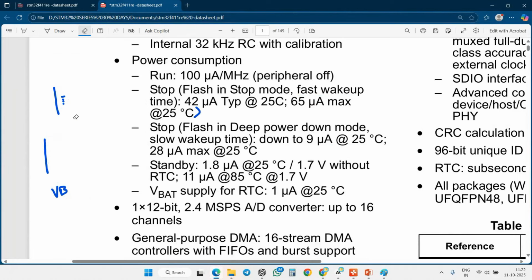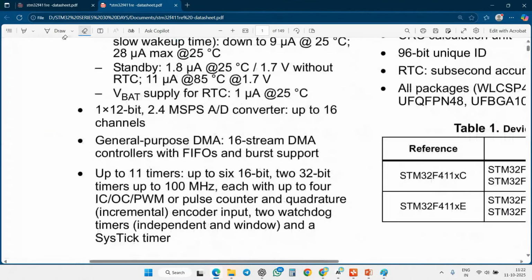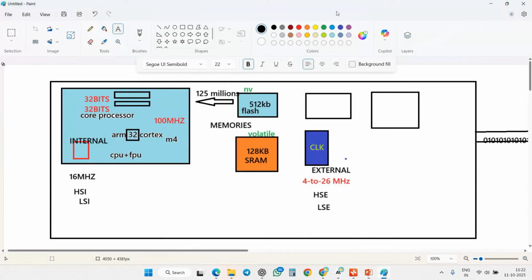And next, we are going to study the point called ADC. What is ADC? It is an analog to digital converter. A microcontroller sometimes takes analog data.